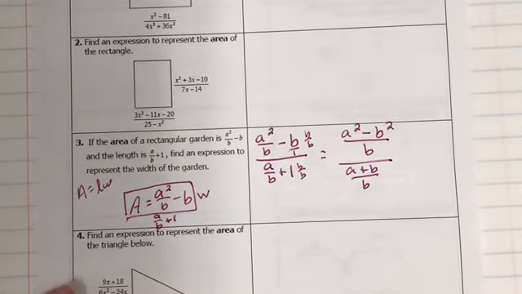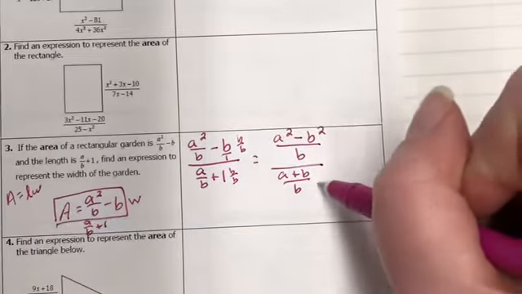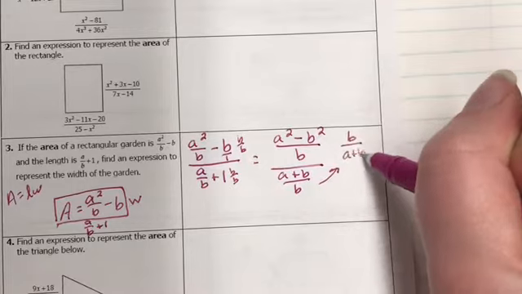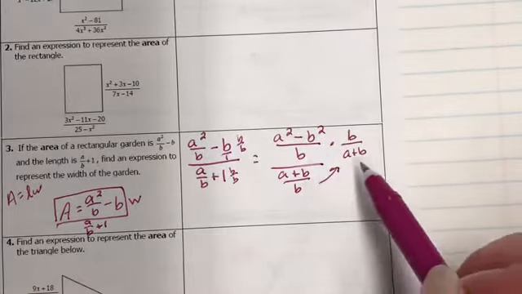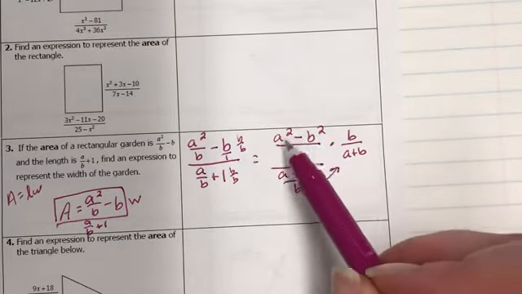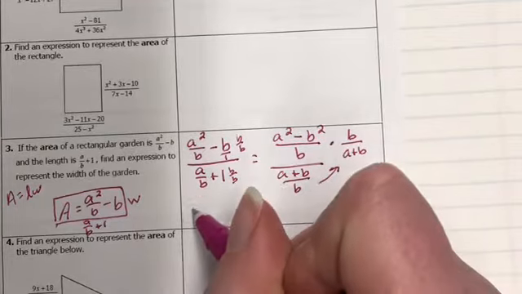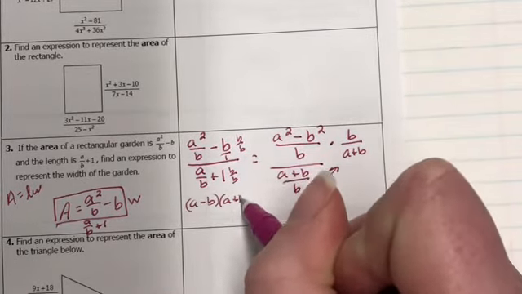So now I'm going to flip this bottom fraction over so I can multiply. And then to be able to simplify this, I'm going to have to factor this numerator. So a squared minus b squared would become a minus b times a plus b.